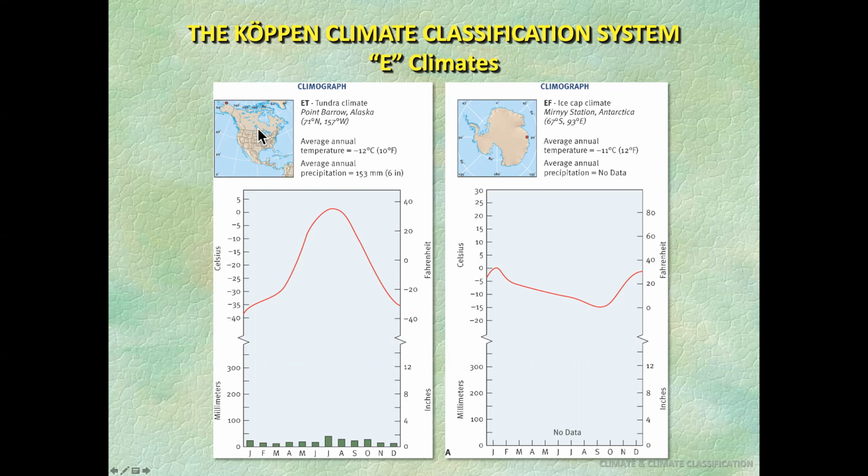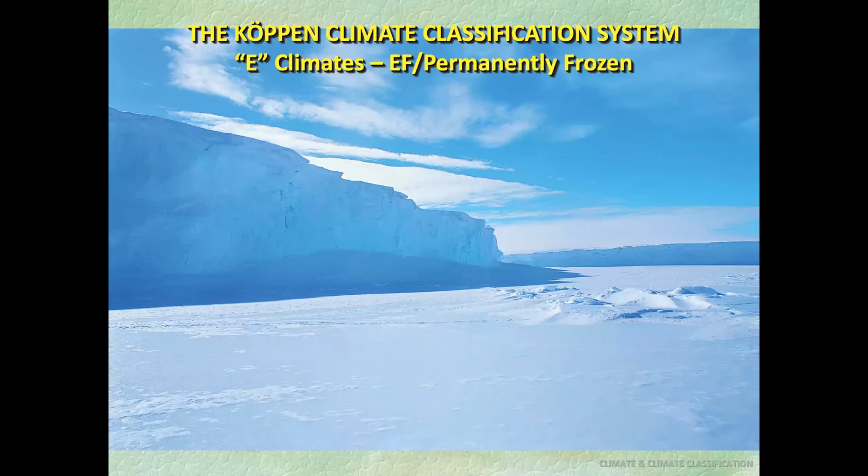They get warm enough just for a little period of time, and it's just barely above freezing. So when you go there, it has that very sort of barren look to it. There's permanently frozen, not pretty exciting, very straightforward ice caps.